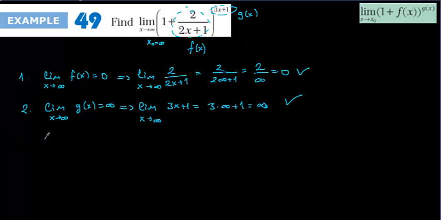The third one, define the k value. Limit x tends to infinity f(x) times g(x) is equal to k.